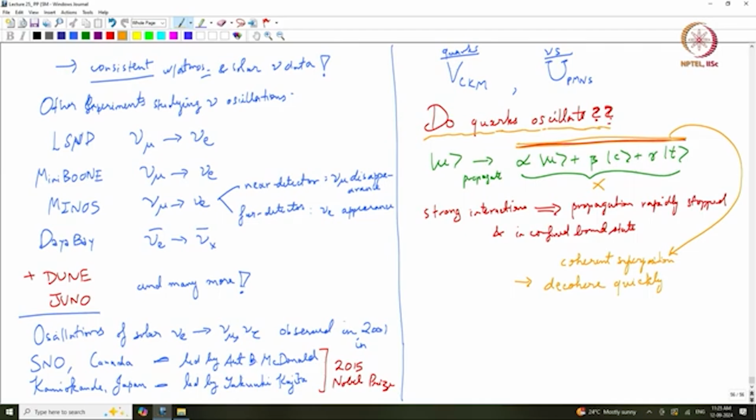All right. So, that brings an end to the module that I call deconstructing the standard model.